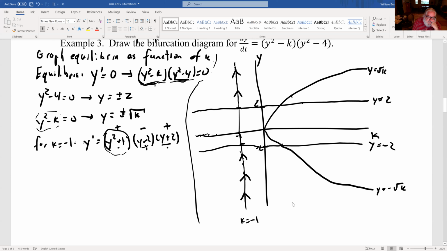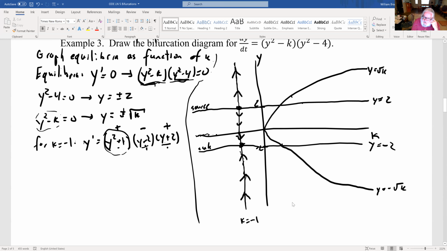And then this is always positive. So positive times negative means that in between, our phase line looks like that. So we have one equilibrium there, one equilibrium there for k equals -1. And then that means that this one here is a source, and this is a sink.